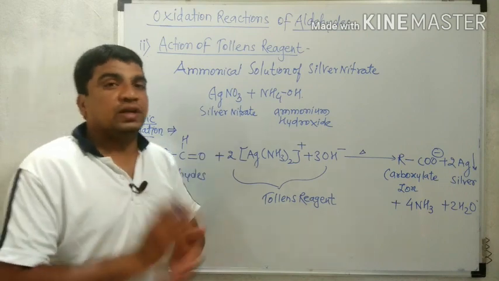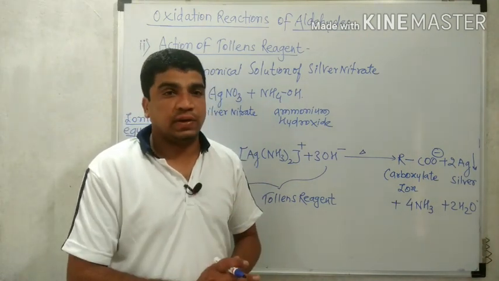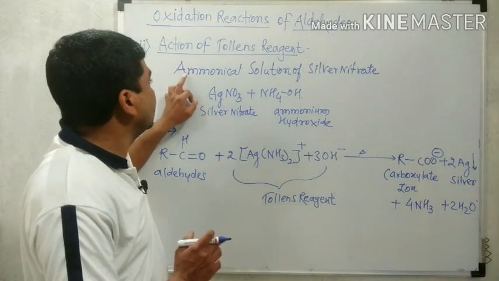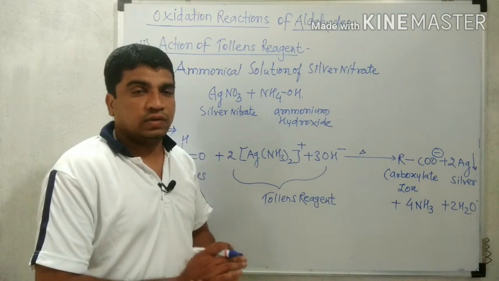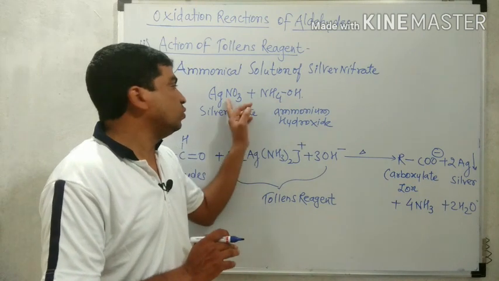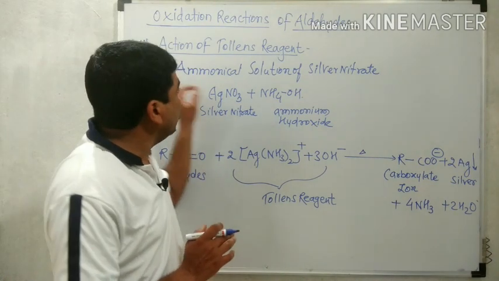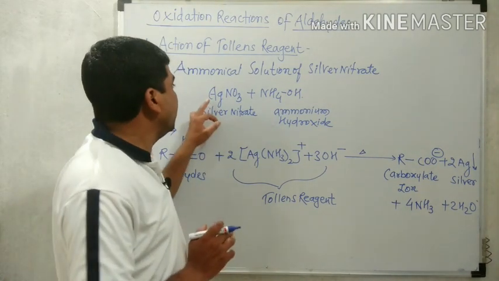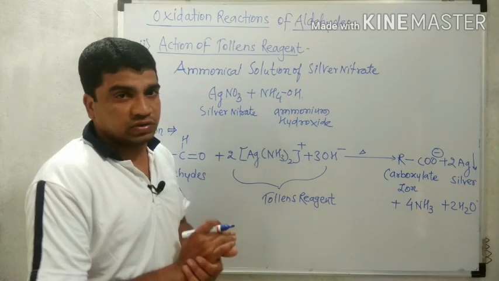So firstly, what is Tollens reagent, or how is it prepared? Tollens reagent is an ammoniacal solution of silver nitrate. Silver nitrate is AgNO3, that is the formula of silver nitrate. The ammoniacal solution means when AgNO3 silver nitrate is added in ammonium hydroxide.